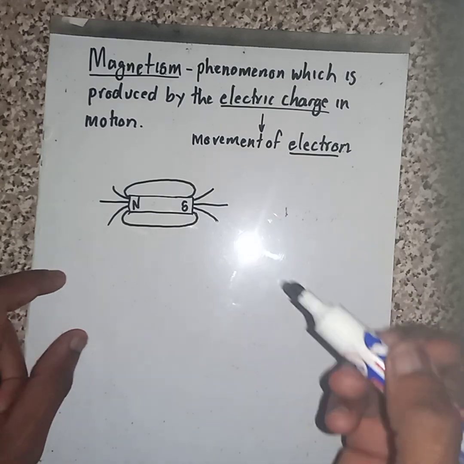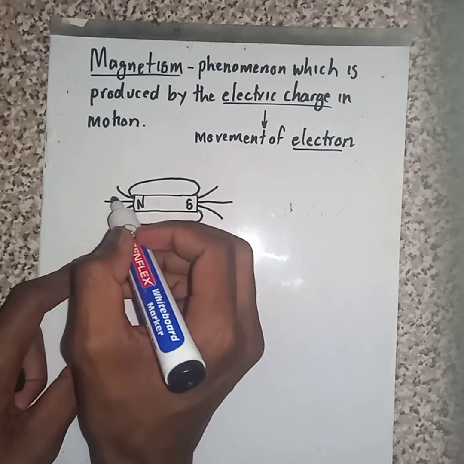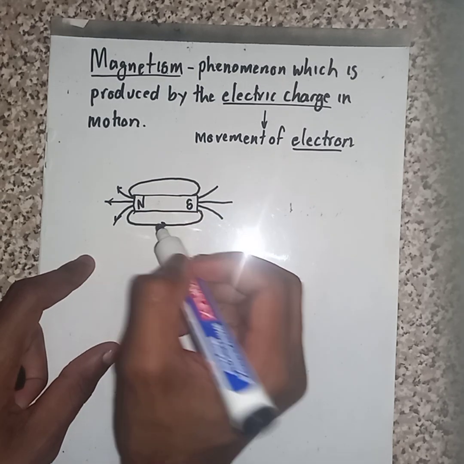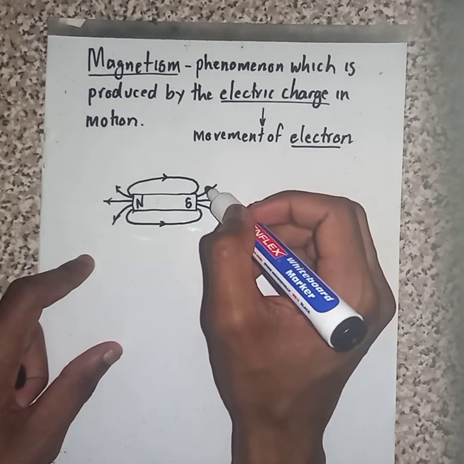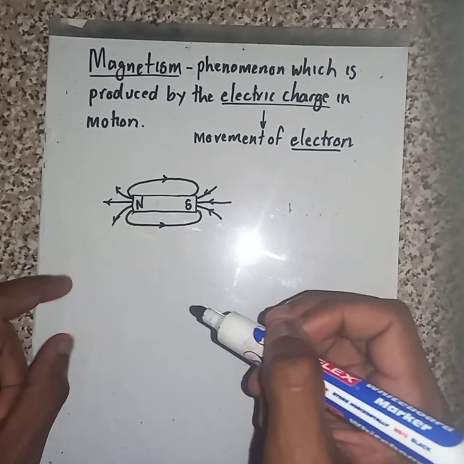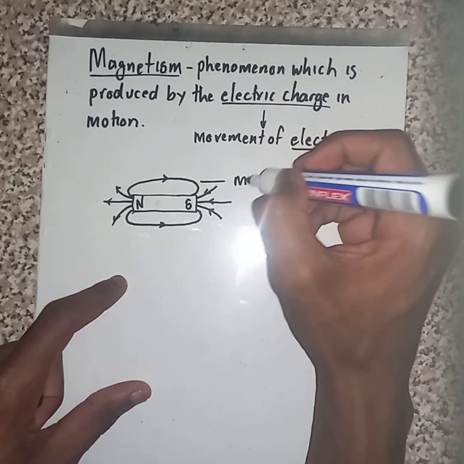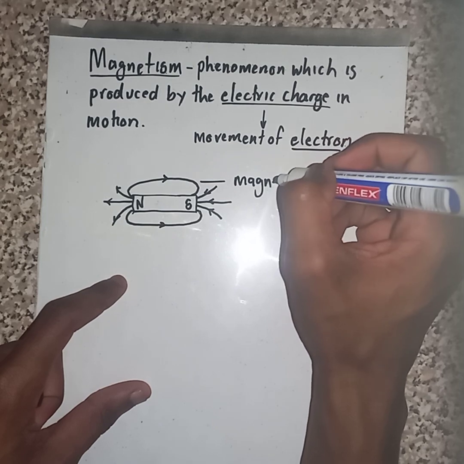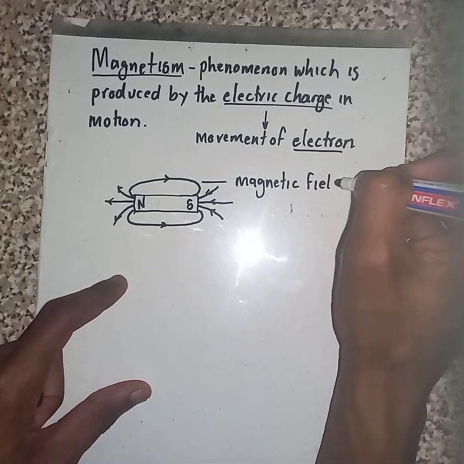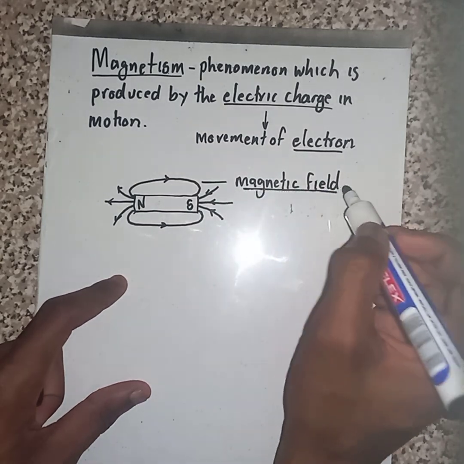The magnetic field always moves away from a north pole towards the south pole. We have magnetic field produced by a magnet in this scenario.